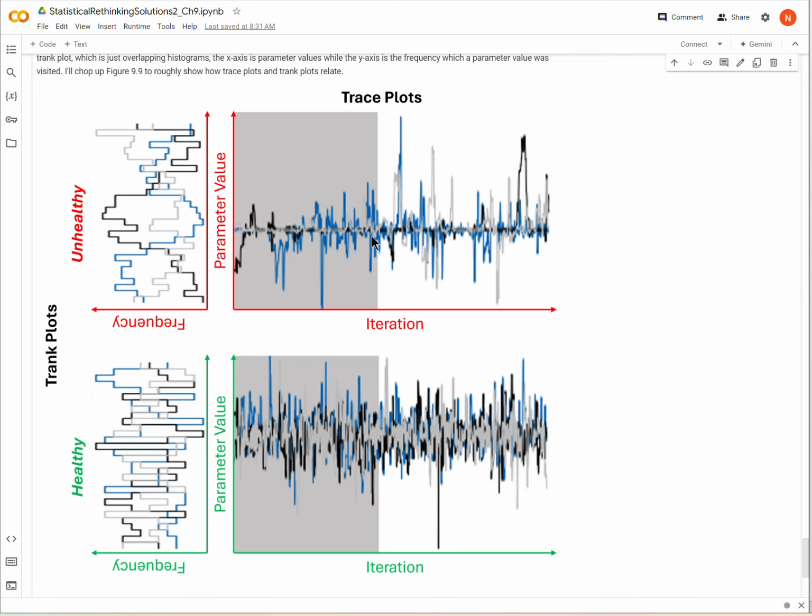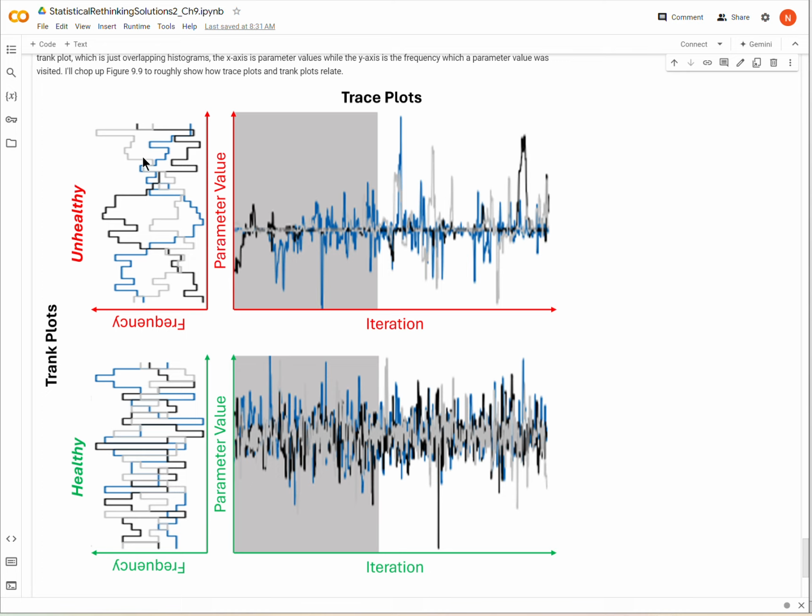You see several different colored lines, representing different chains of our Markov chain Monte Carlo model, plotted from left to right through the sequence of iterations, and they rise to the height or depth of the parameter value. So on whatever iteration is on the x-axis, it rises to the height of whatever parameter value that particular sample happened to be. And so it goes along.